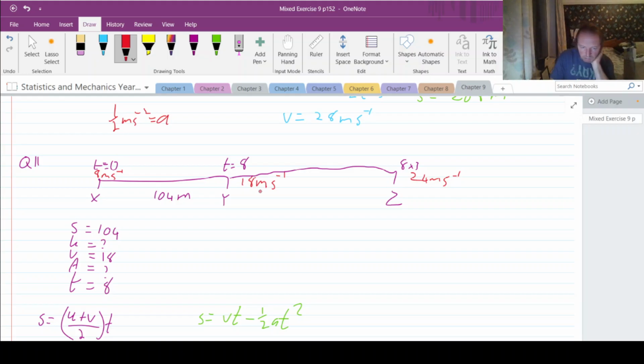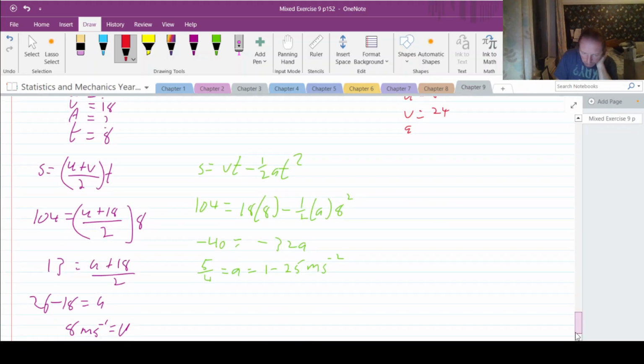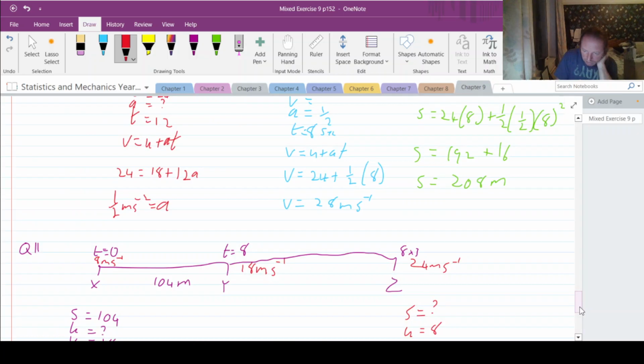All right, well, let's look at the whole thing between X and Z. We have got a distance that we don't know, an initial speed of 8, a final velocity of 24. The acceleration was 1.25.